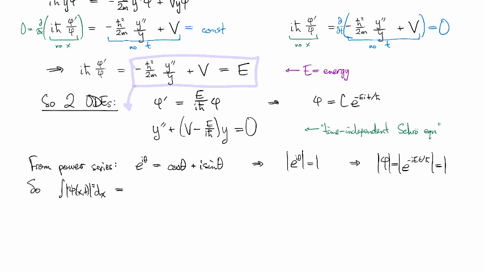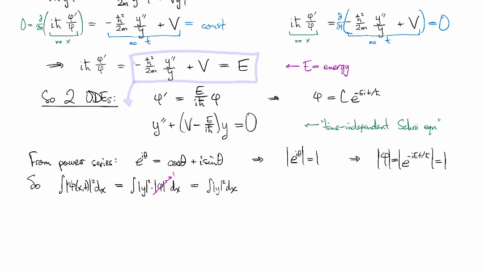So then based on the fact that psi has the form of y(x) times phi(t), then this is going to be magnitude squared of y times magnitude squared of phi. But then we just saw that this part here is equal to 1. So that gives us integral y squared dx. All right.